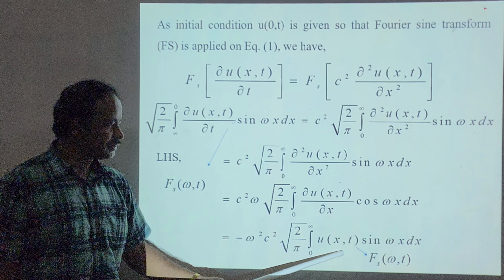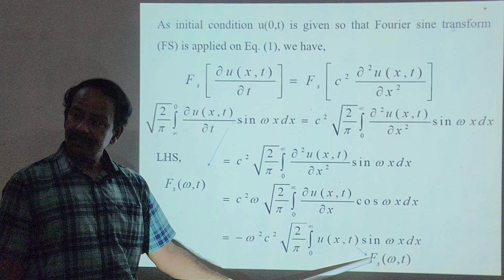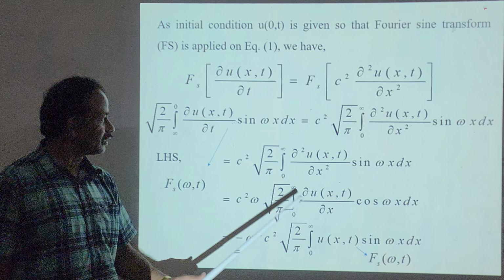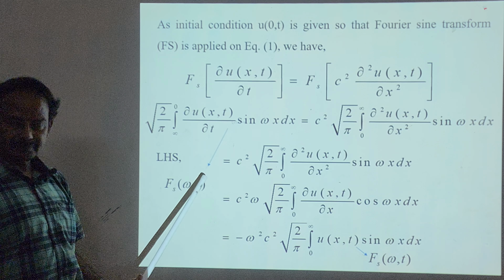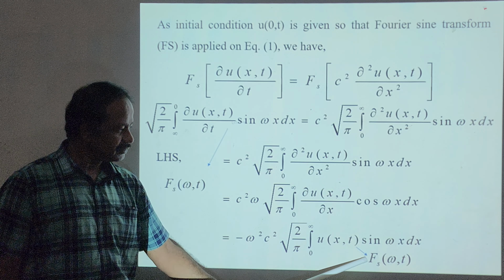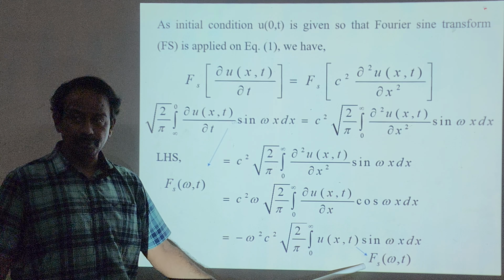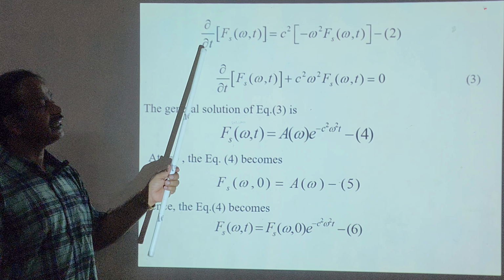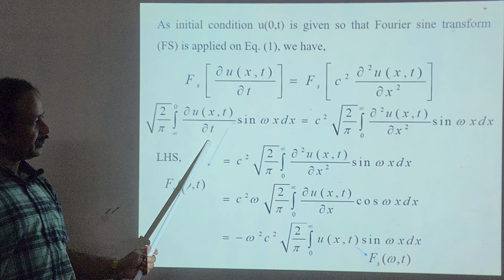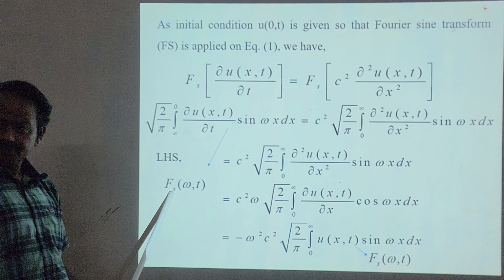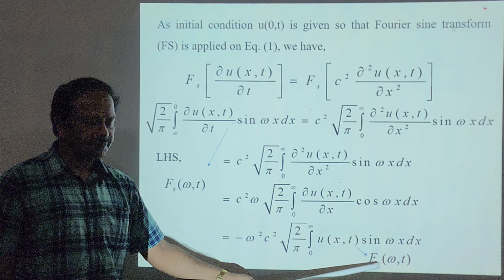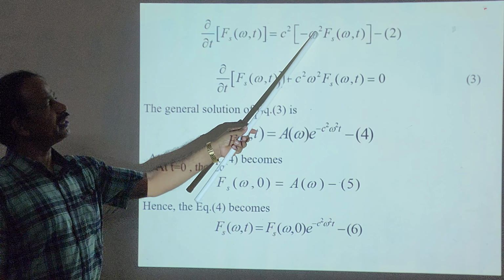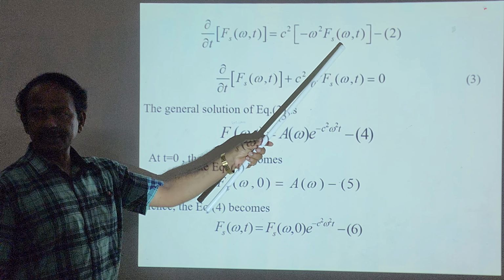And we are going to term this, as we already know, as the Fourier sine transform of omega, t. See here, similarly, this one is termed as the Fourier sine transform of omega, t. Is it okay? So now we can replace. On the left hand side you have d by dt of F_s(omega, t), and this is as it is, minus omega squared c squared F_s(omega, t) on the right hand side.